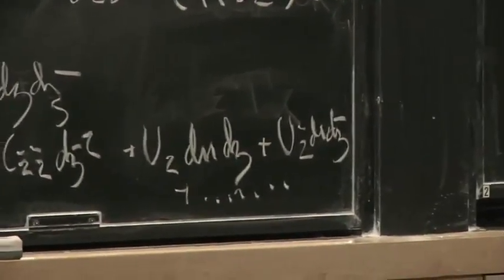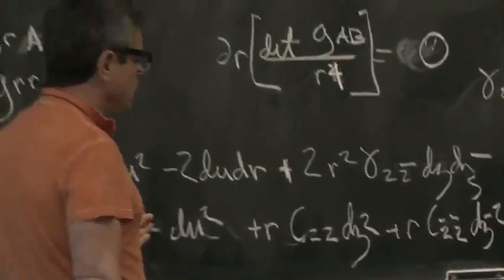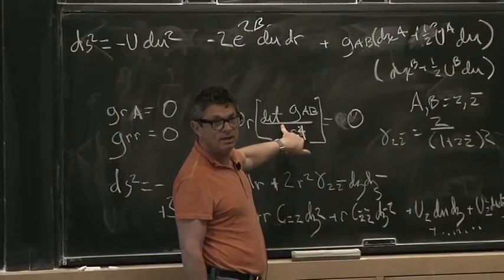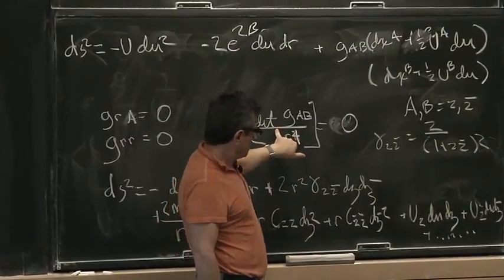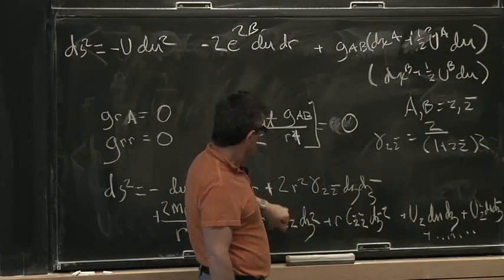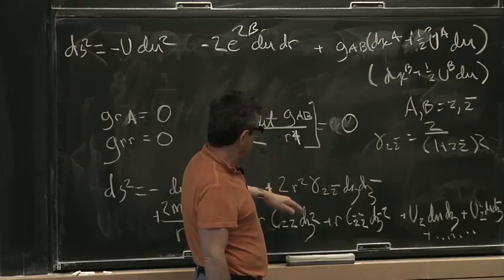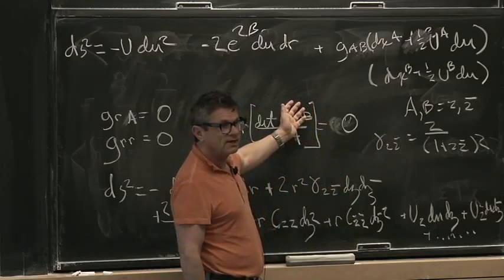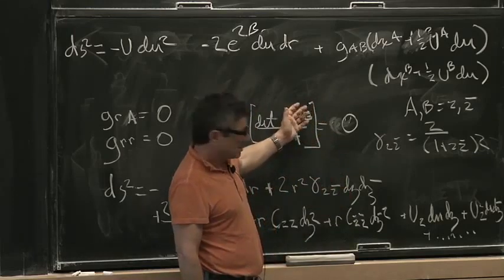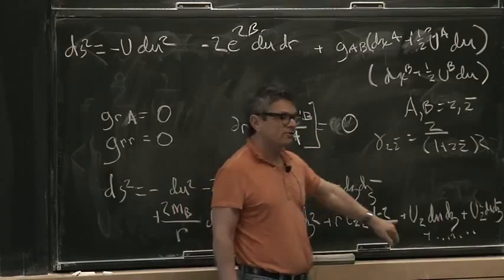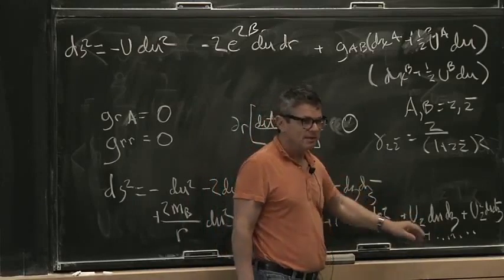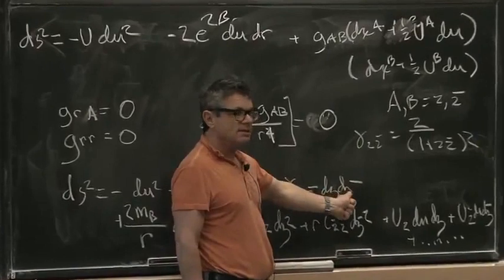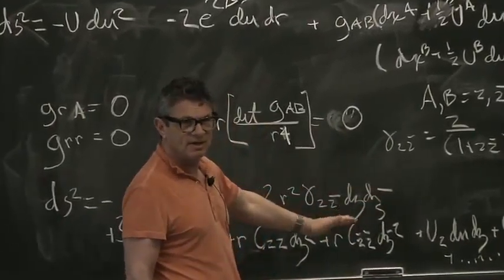So for example, if you compute the determinant, if you look at this equation here, you will find that the terms that I've written here will not satisfy this equation. I'll have to have a further subleading term in r. In fact, I'll need a term proportional to C squared dz dz bar in order to satisfy this.